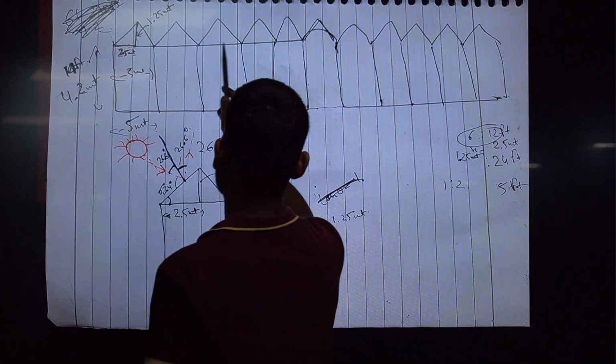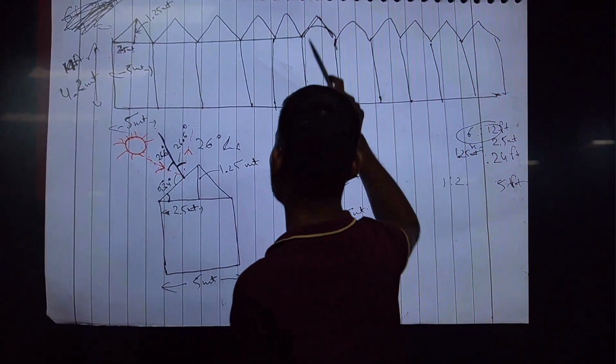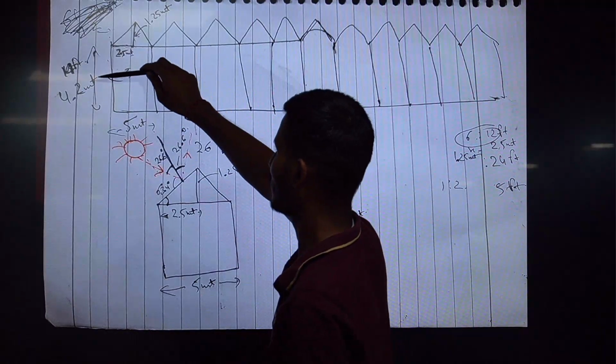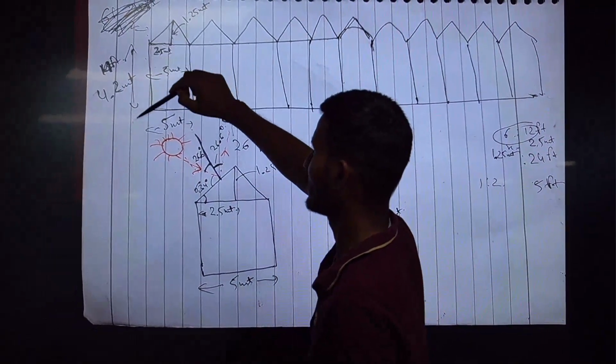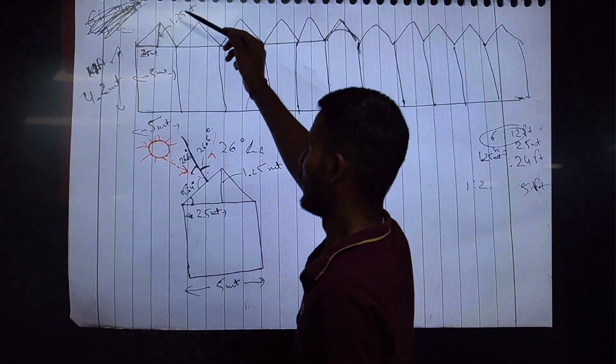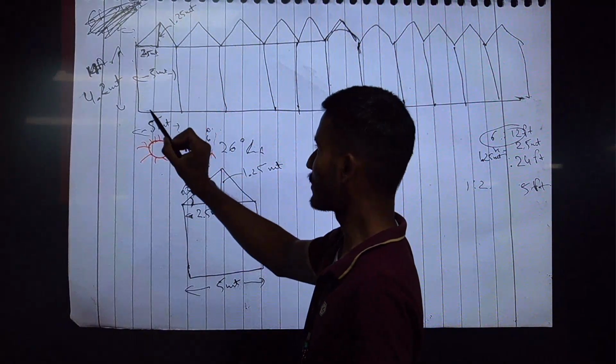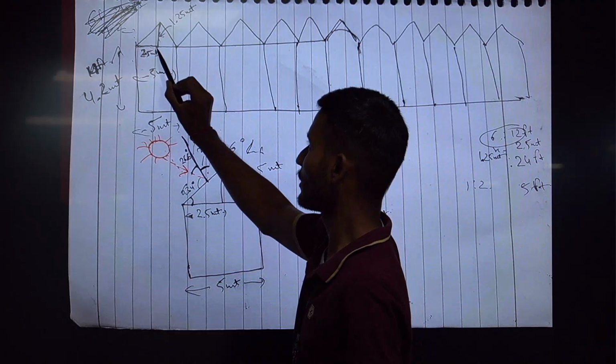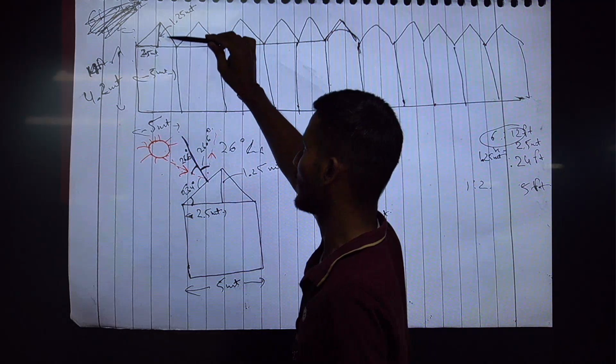This is the front view of the tent. This is the head house. The height will be 4.2 meters, which is 14 feet. This is 5 feet, so the half will become 2.5 meters.